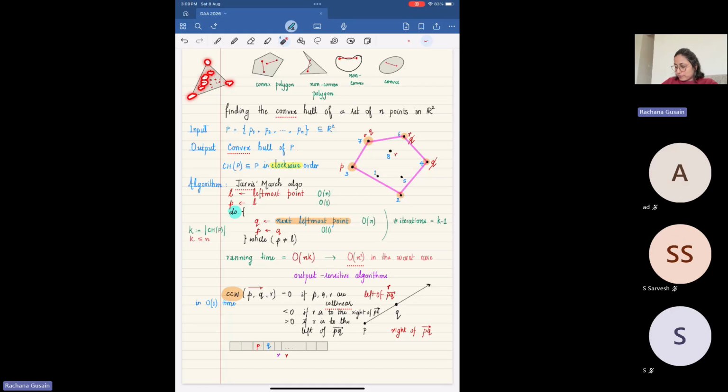That's the input set, and I'm asked to find the convex hull for these points. Of course the convex hull is going to be this triangle, whereas there can be millions of points in the plane. So the total number of red points can be really large, but the output size, the number of points which define the convex hull, is only 3.